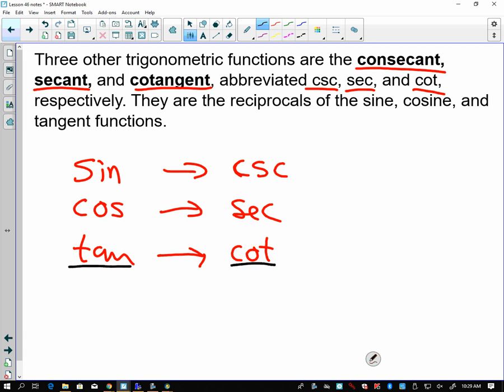Now, if you're asking how do you remember which one is reciprocal to which, the easy one is tangent and cotangent. The confusing one is sine to cosecant because it's S to C. If I start with three letters, S, C, and T, then as challenging as it may be, S is to C, and C is to S. So if I can remember what my basic trig functions are, I remember my reciprocal trig functions by the two that make the least amount of sense: S to C and C to S, and then tangent.